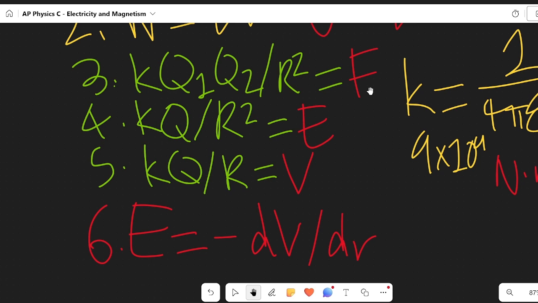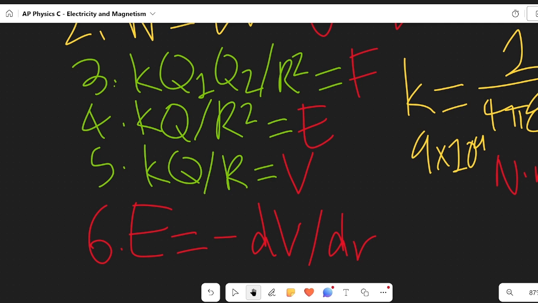Now, these 3 are essentially variations of Coulomb's law, to calculate force between 2 point charges, electric field at a point, and potential at a point. So k q1 q2 divided by r squared, kq divided by r squared, and kq divided by r.